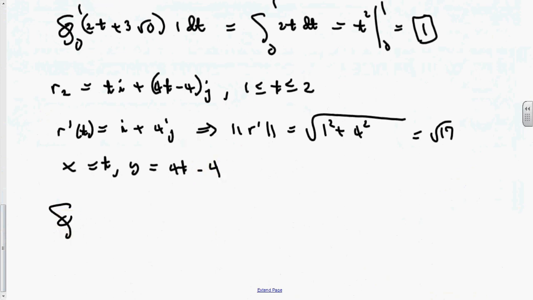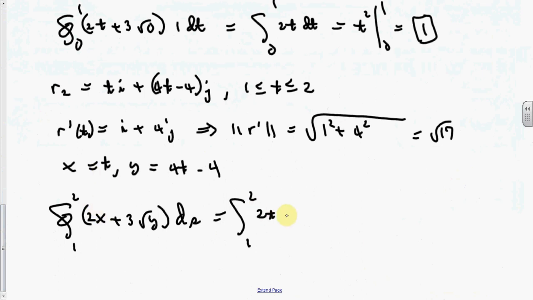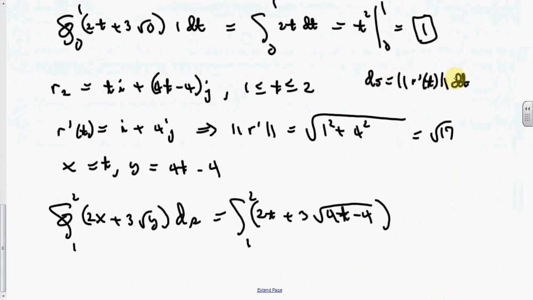So this line integral that goes from 1 to 2 of this 2x plus 3 times the square root of y ds is equal to the integral from 1 to 2. Here, x is t, so that's 2t plus 3 times the square root of 4t minus 4 times ds. ds is, remember, equal to the norm of r prime of t dt.